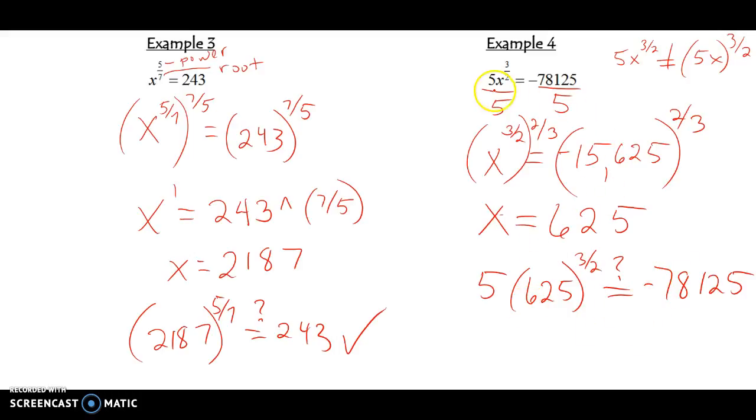So if we go back and think about this domain in the beginning, we have a square root and then a 3rd power. The square root's never going to be negative.